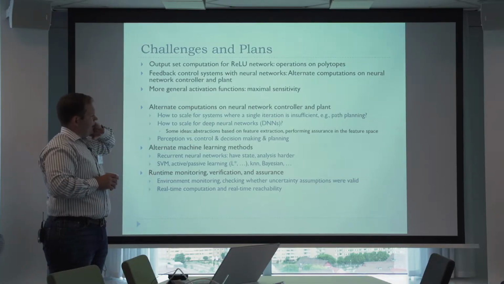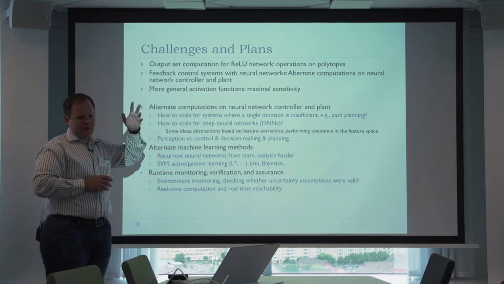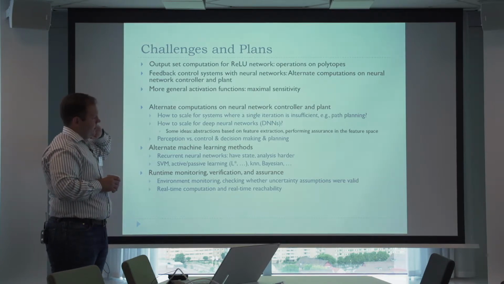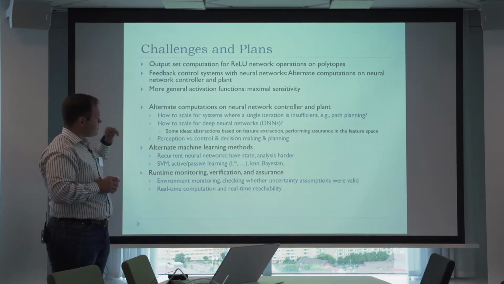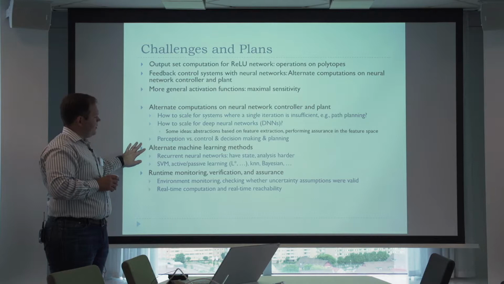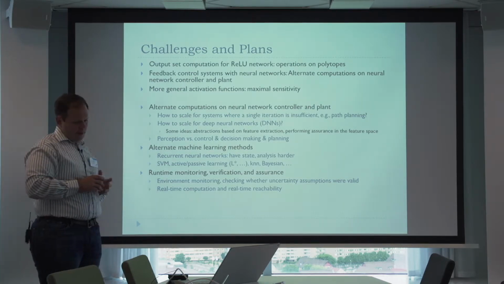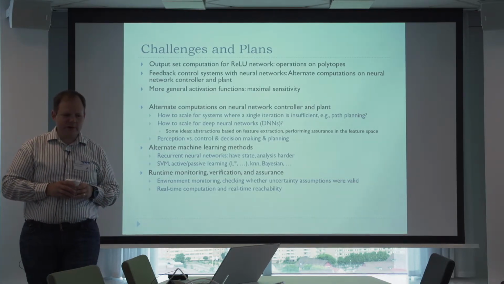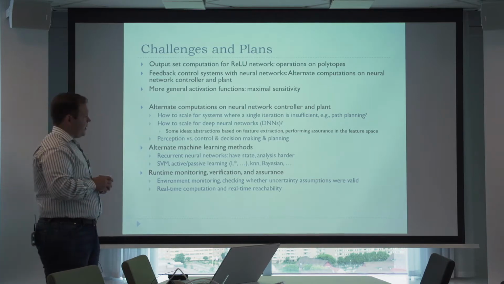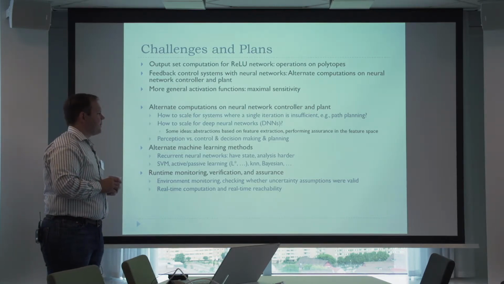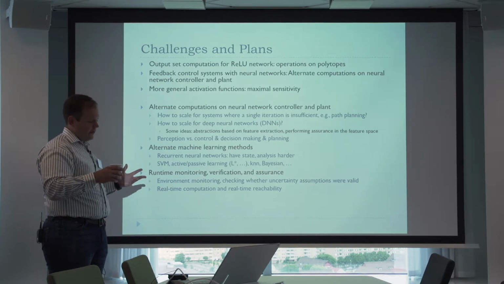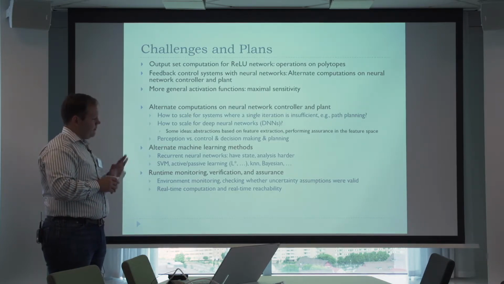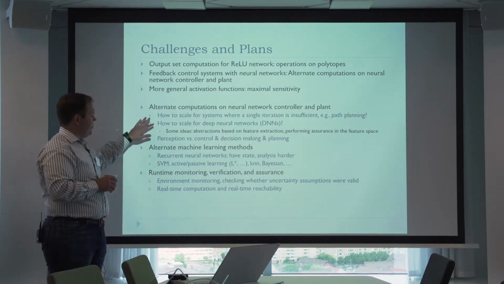Then we've looked at these more general monotonic activation functions using this sensitivity computation for the function representing the neural network. So the key method in using this within feedback control systems is to alternate the computations of the plant and the controller's reachability computations, which is quite natural. This is done for non-learning enabled systems.